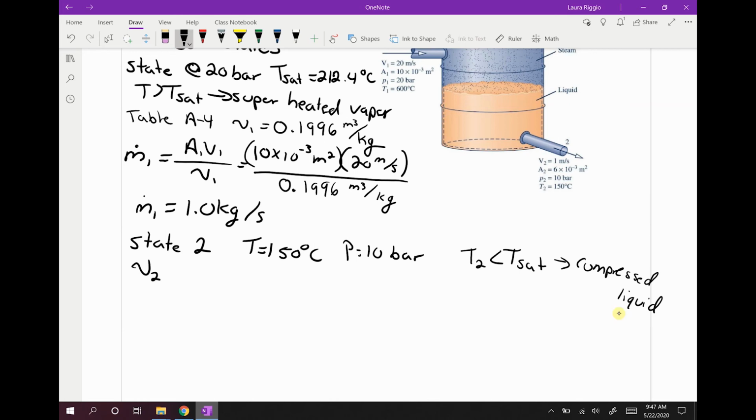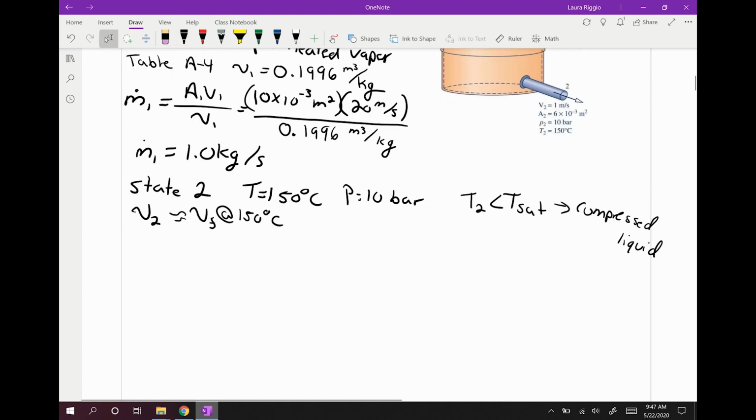So our specific volume in state 2 is going to be approximately the specific volume of saturated liquid at 150 degrees Celsius, which equals 1.0905 times 10 to the minus 3 meters cubed per kilogram.